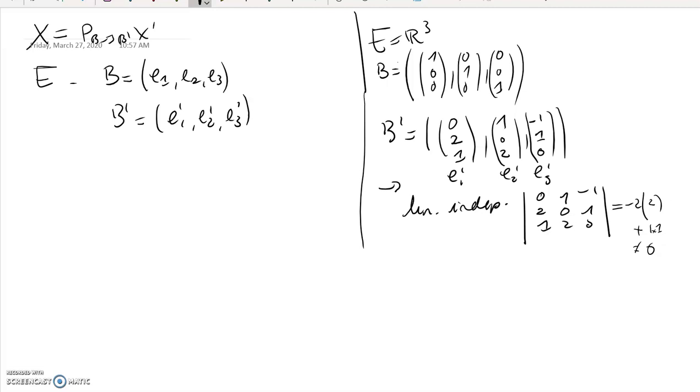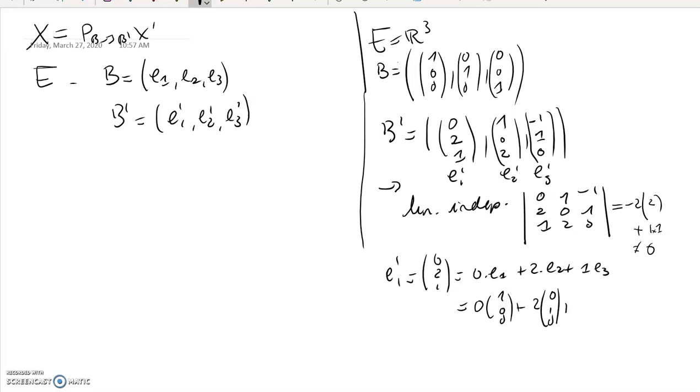And what do we have here? Usually, what it means for E1 prime to be equal to (0,2,1) is that it's 0 times E1 plus 2 times E2 plus 1 times E3, because E1, E2, E3 is the standard basis. So that's 0 times (1,0,0) plus 2 times (0,1,0) plus 1 times (0,0,1).